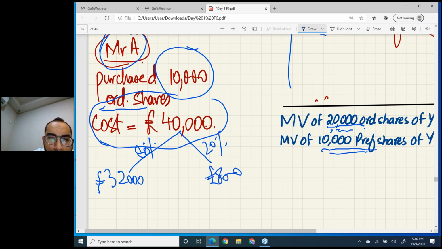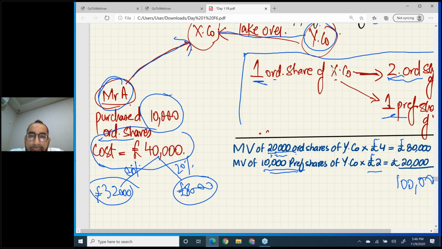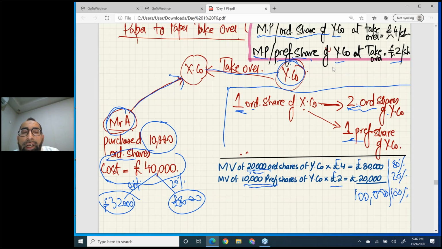So you have apportioned the base cost. 32,000 is the base cost of 20,000 ordinary shares of Y company, and 8,000 is the base cost of 10,000 preference shares of Y company. Sorry for the writing, my hand is broken.